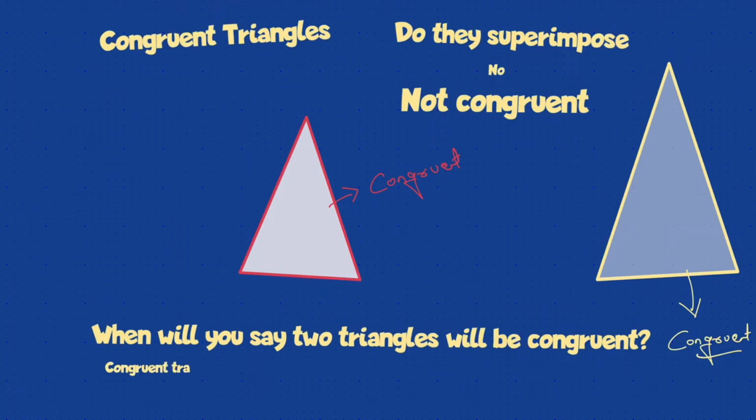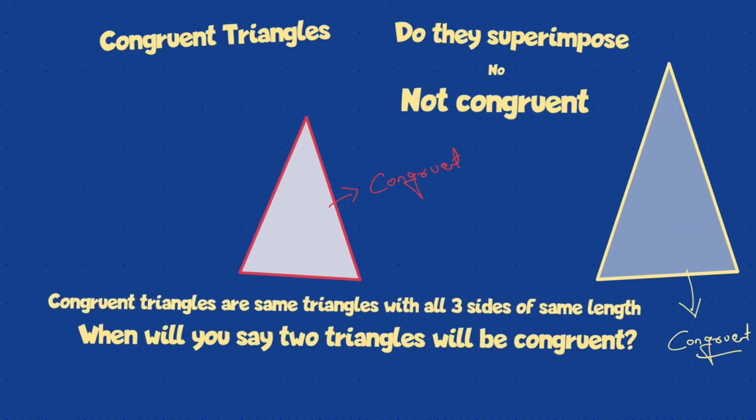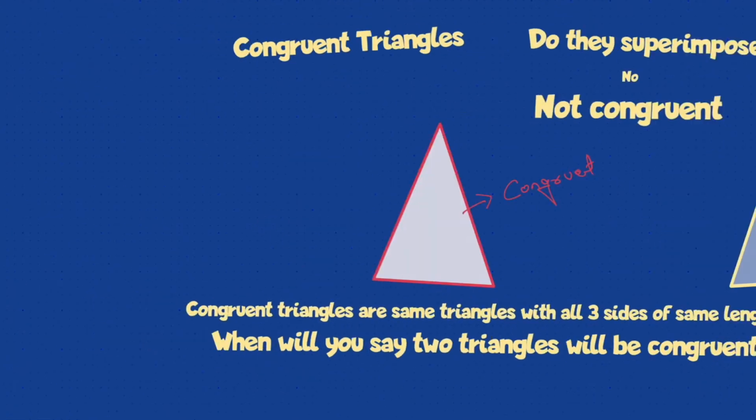So simply, how do you say two triangles are congruent? You can go by the various congruency tests, and simply you can say two triangles are congruent when all three sides are of the same length, or you can superimpose one triangle on the other, as simple as that.